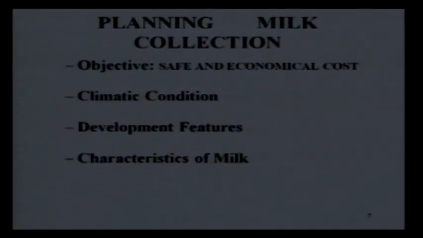Now when we do the planning of milk collection, what is our objective? The first objective is that we should have safe and economical collection. As you know, in our country, milk is produced in very small quantities by the small farmers. The milk produced by each farmer is around 1 to 2 liters. So we have to collect the milk, what we call scattered milk production and scanty milk production.